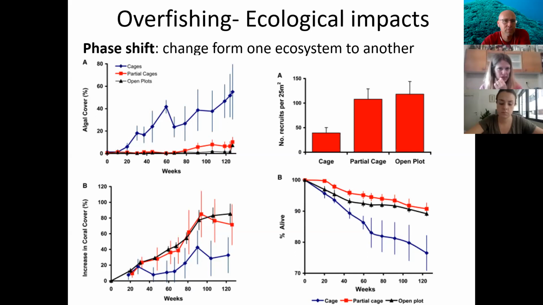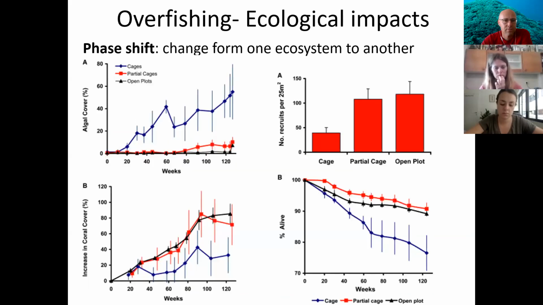They put in plots, basically big cages, and checked the algal cover in an area which was caged, meaning you cannot have fish inside, and partial cages, meaning cages with openings, and open plots, which are basically just a line on the floor, same size. They can come and count the number of fish and the amount of algae.